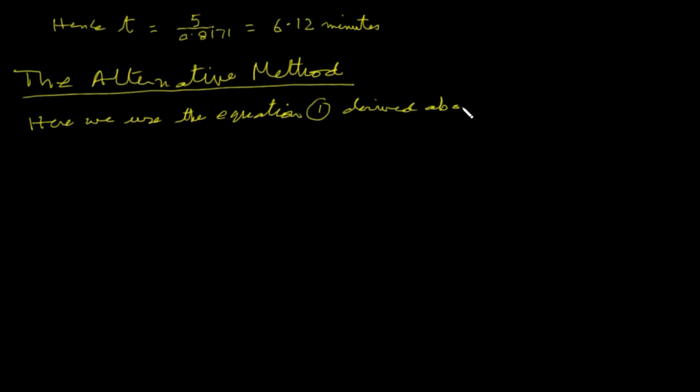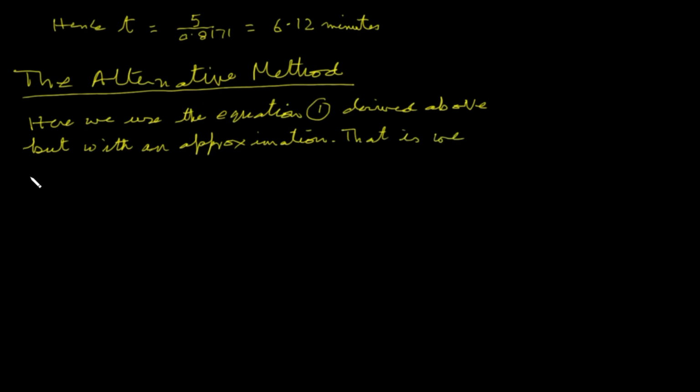The alternative method is a relatively easy one. Here we use the equation 1 derived above, but with an approximation. That is, in place of the instantaneous temperature T, we write the average temperature during the time interval.